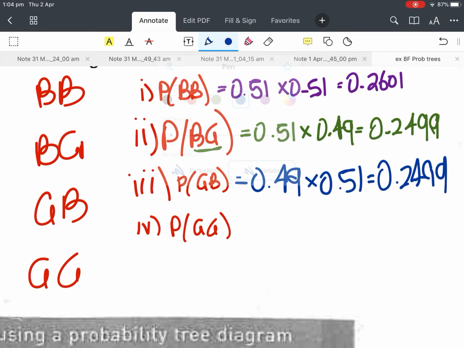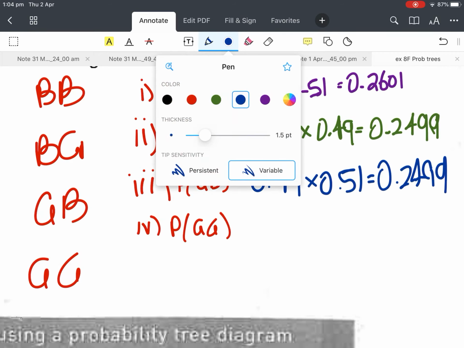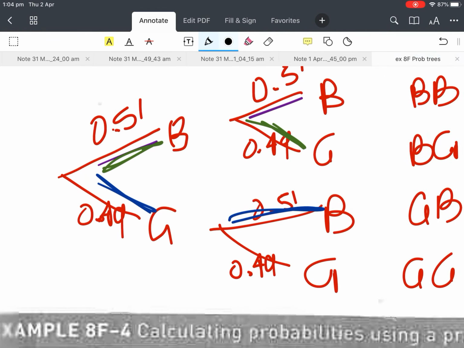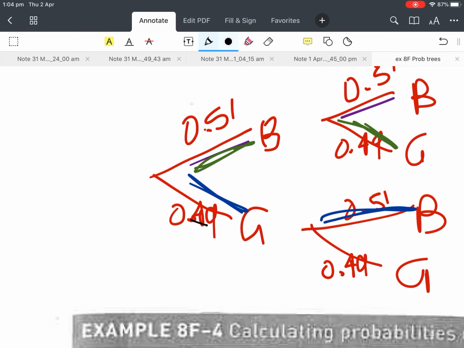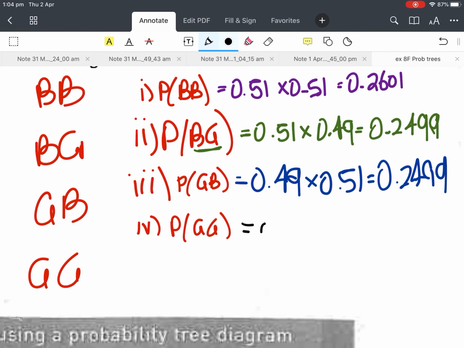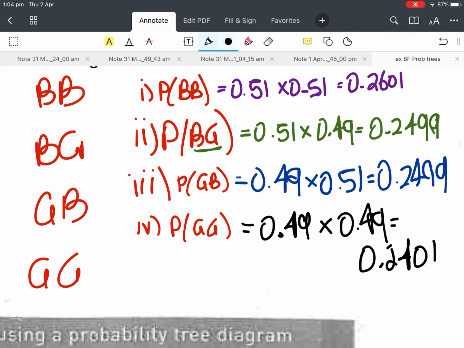And then girl, girl, let's see, what colour do I have? Try black, I guess. Girl, girl will be 0.49 times 0.49, which equals 0.2401. Okay, I'll come back soon, alright, with another video.